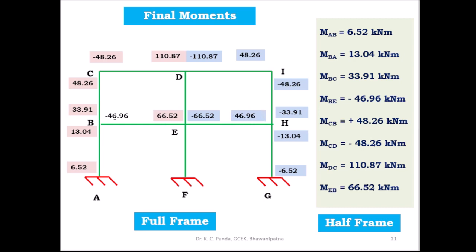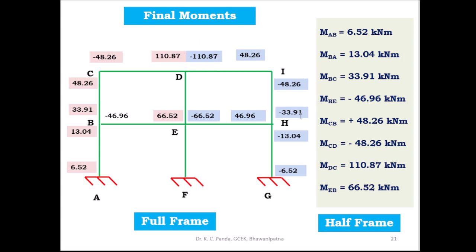Here you got MEB 66.52 kilonewton meter, and here you put MEH minus 66.52 kilonewton meter. Here you got MCD is equal to minus 48.26 kilonewton meter, and MID you put 48.26 kilonewton meter, and MDC 110.87 kilonewton meter you got, and MDI here you put minus 110.87 kilonewton meter.